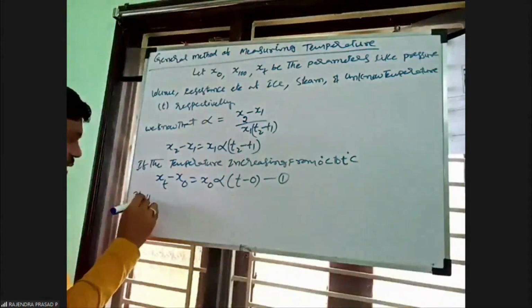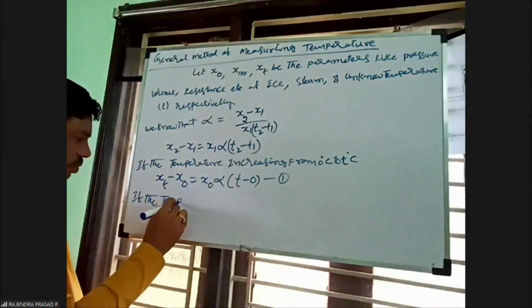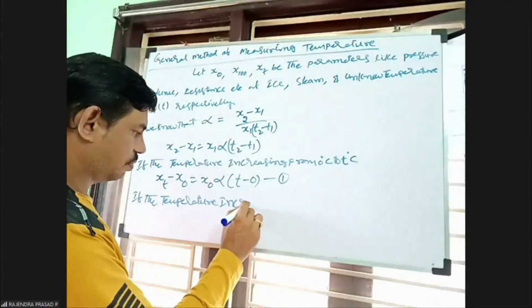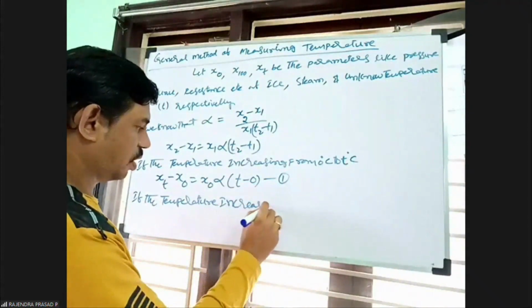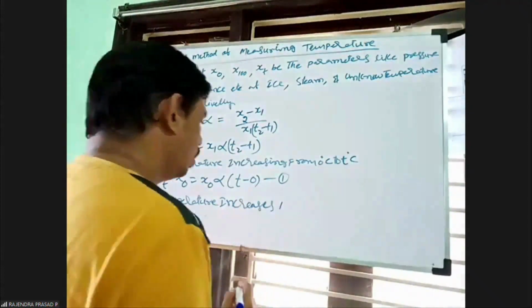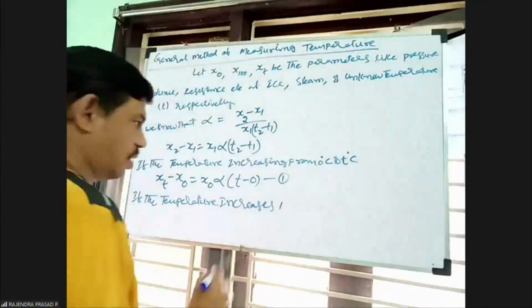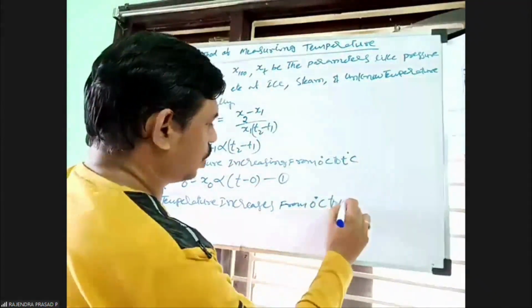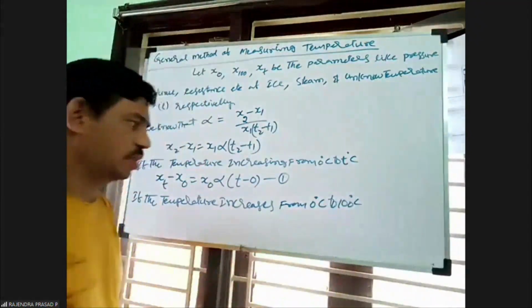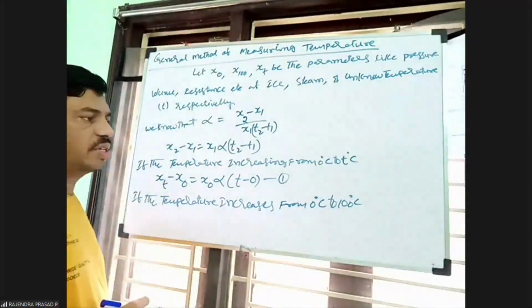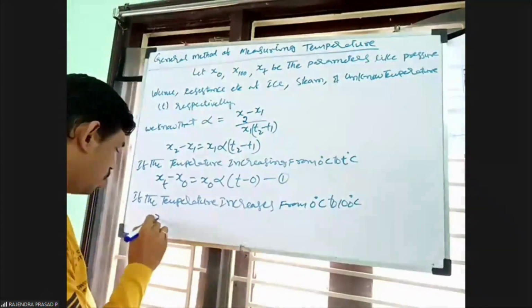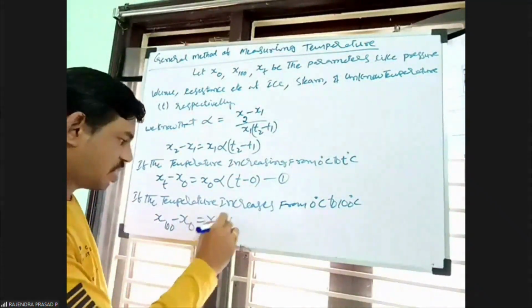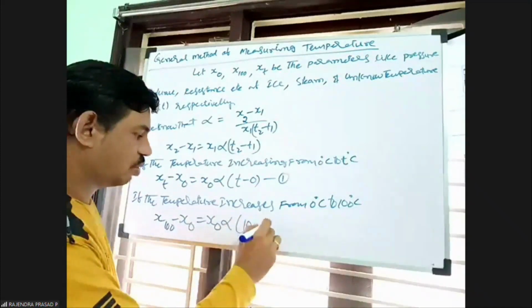Similarly, if the temperature increases from 0 degrees C to 100 degrees C, X100 minus X0 is X0 alpha into 100 minus 0.